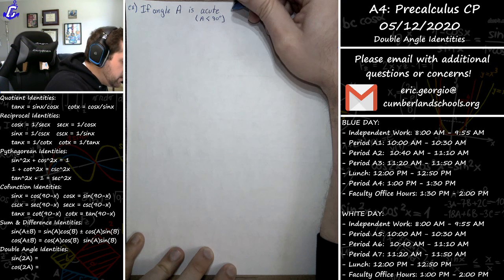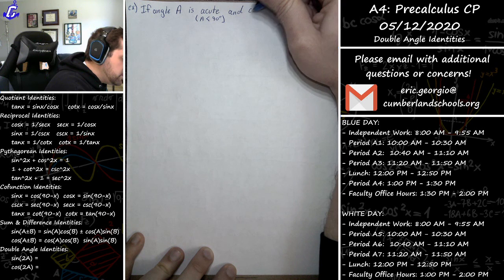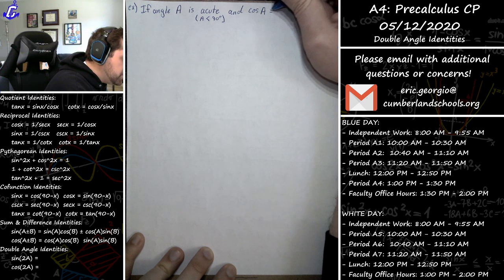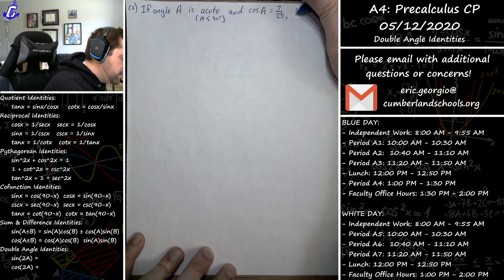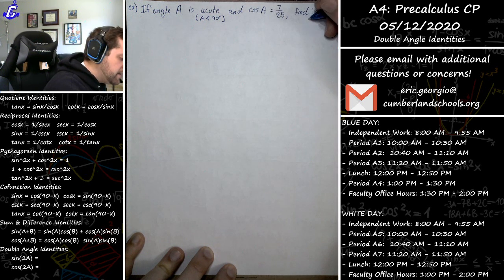And cosine of A is equal to 7 over 25. Let's find the sine of 2A, the cosine of 2A, and the tangent of 2A.